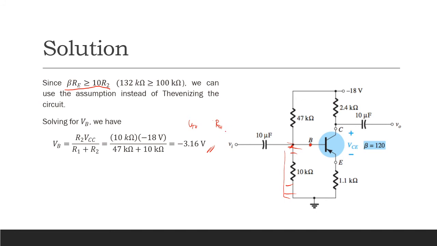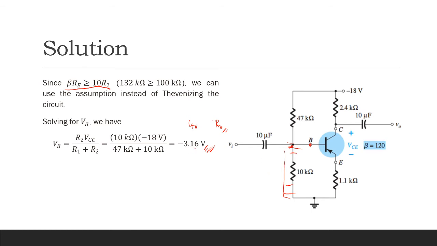However, inassume natin na sobrang liit lang nung nagfo-flow na current doon sa ating base na kahit meron kang RTH, hindi na siya ganun ka-relevant kasi maliit lang naman yung current na dumadaan sa kanya. So kahit meron kang resistance at that point, since maliit lang yung current na dumadaan dyan, maliit pa rin yung kakainin niyang voltage. So yun yung assumption na nangyari dito. That's why, inassume na natin that VB is 3.16 volts. Pero ang totoo niyan, mababawasan siya talaga because of the RTH.